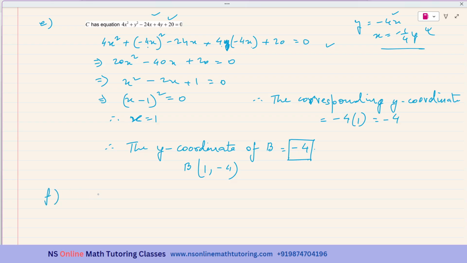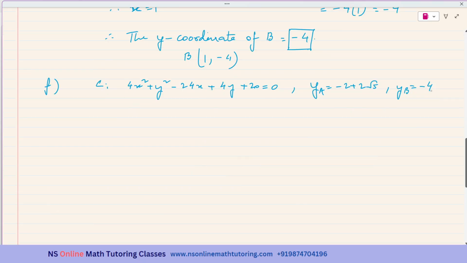Let me first of all just copy this one. I'll be needing this. 4x square plus y square minus 24x plus 4y plus 20 equal to 0, and ya is equal to negative 2 plus 2 root 5. We have seen that, and yb is equal to negative 4.